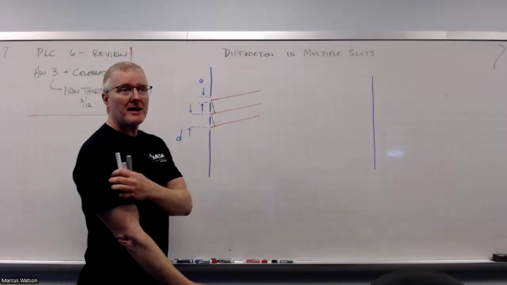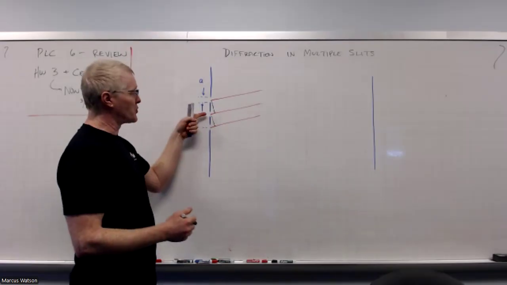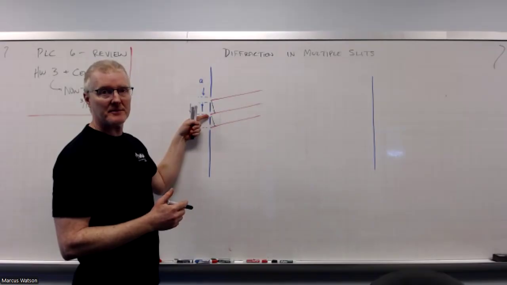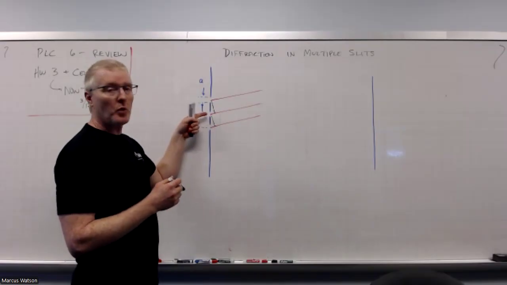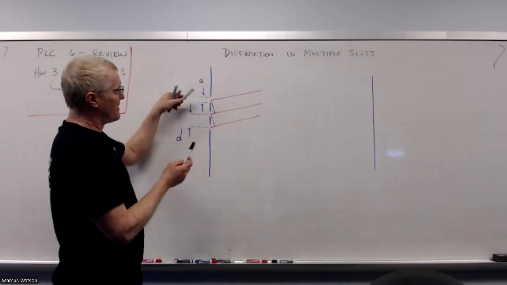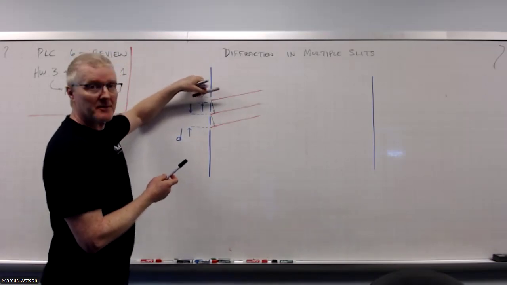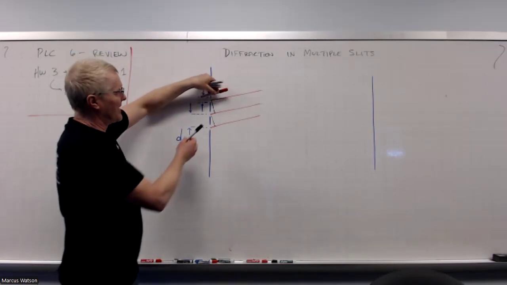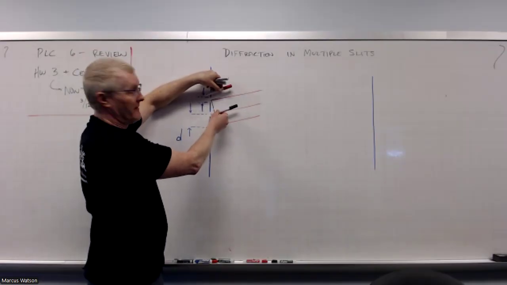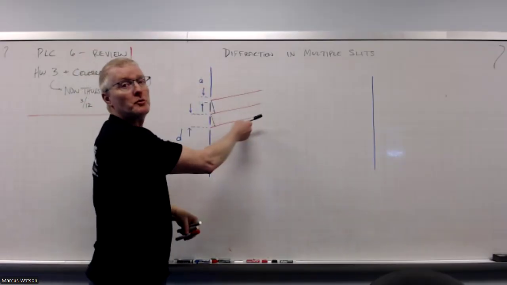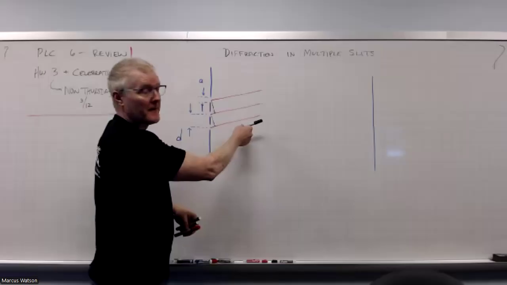Let's go ahead and start by looking at the easy case where there's one wavelength in the path length difference. All right, well, if there's one wavelength in the path length difference, then this one travels some number of wavelengths. This one travels one more wavelength, and then this one travels two more wavelengths than the first one. Okay?